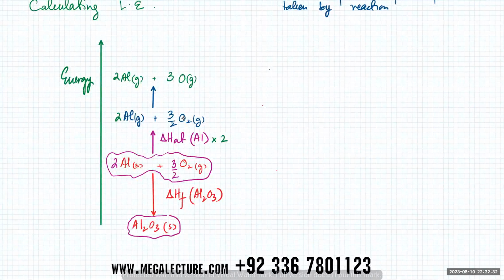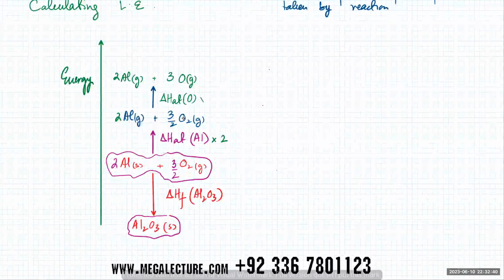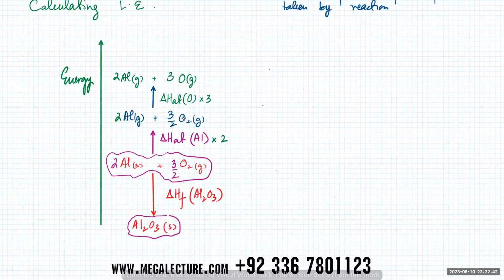So basically this is the enthalpy change of atomization of oxygen times 3, because you're forming 3 gaseous atoms, which can also be written as 1.5 times the bond energy of O2.